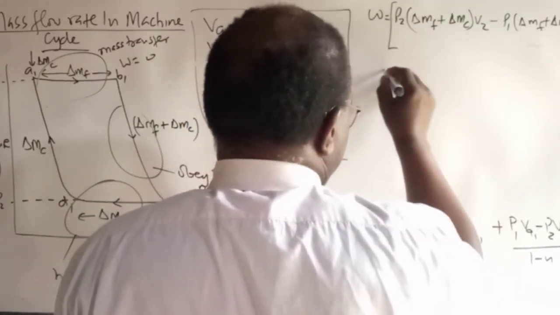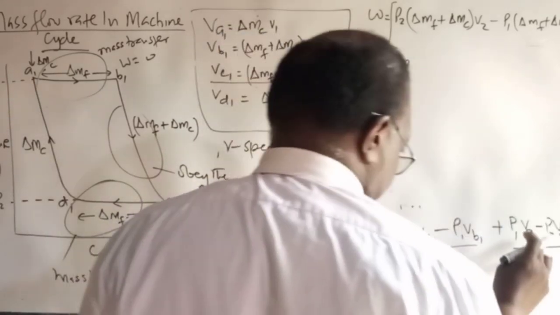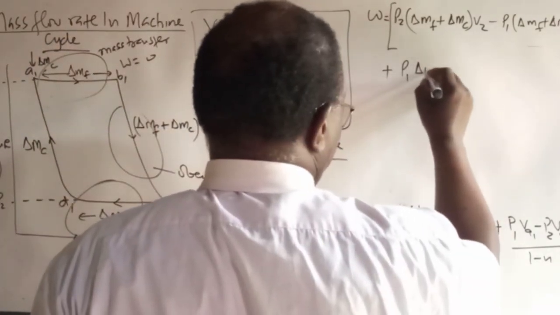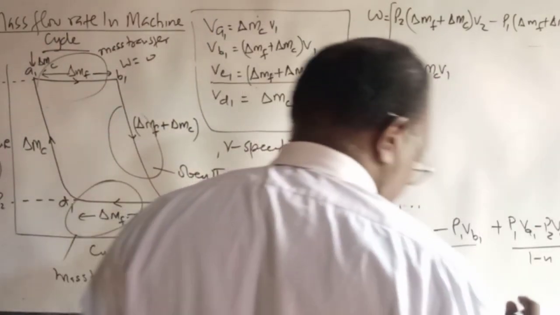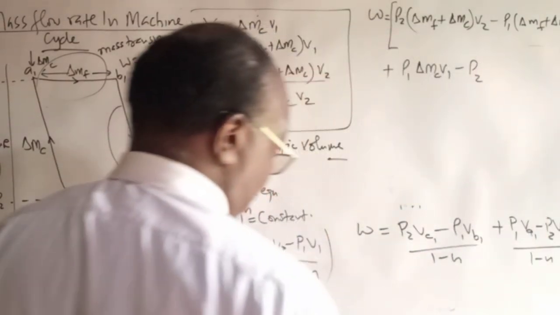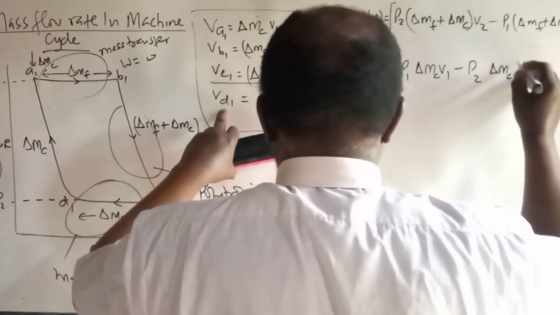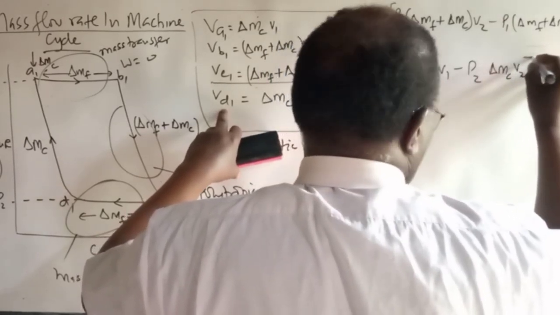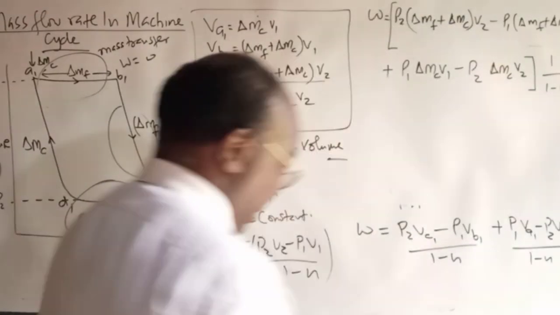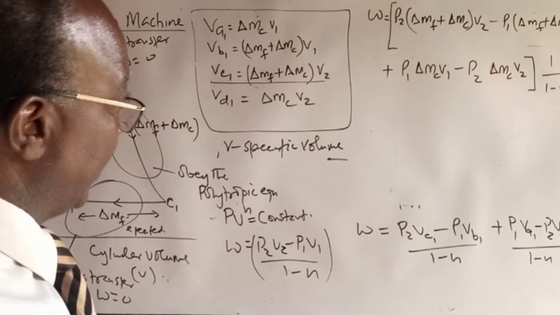Then we have plus P1 VA1. Now we go back to the correct one. That is delta MC V1 minus P2 VD1. That is delta MC V2. And of course, all these are factored out 1 over 1 minus n.